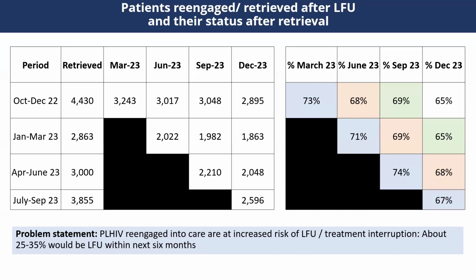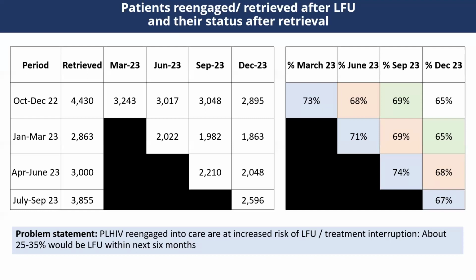When I saw that, almost 27% of the patients were lost to follow-up by the next quarter itself. So you can see that if a patient comes back to the ART center from an LFU, we are seeing these patients being lost by the end of the next quarter, or the next 3 months.